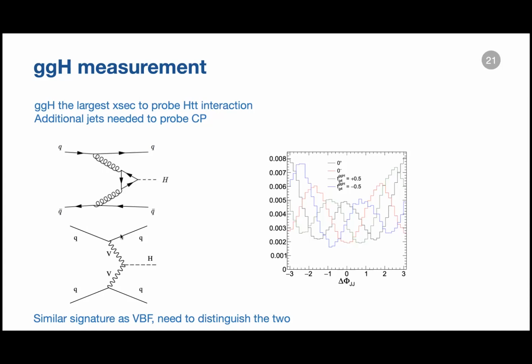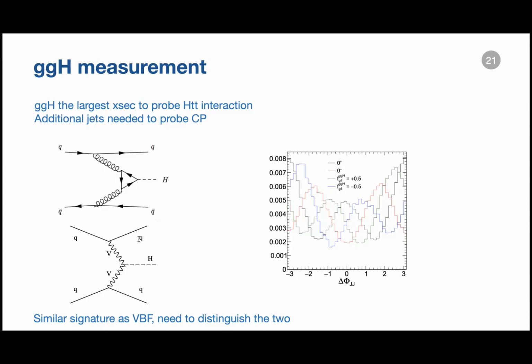But one also needs to remember that if there are no accompanying jets in this production, then you cannot be sensitive to the CP. You have to use the additional jets to carry the CP information of the Higgs. This is why this analysis was only done in Run 2, not Run 1, because you need to have gluon fusion plus 2 jets.